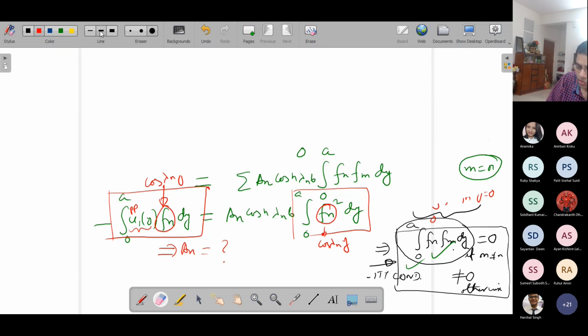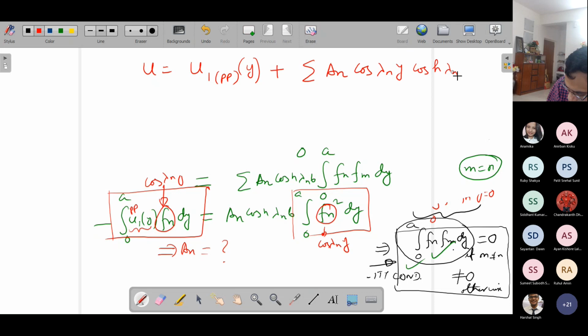So you have the solution u is equal to u1, which is the parallel plate channel, which is the function of y, plus u2, which is summation of an cos lambda n y into cosh lambda n z, where lambda n is (2n plus 1) into pi by 2a.